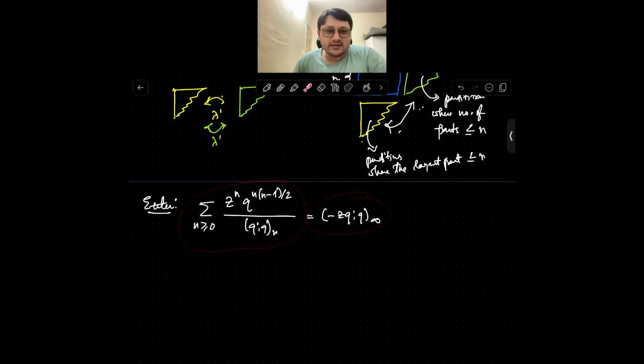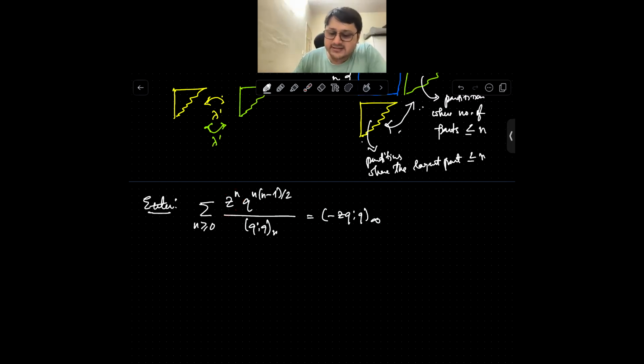How to understand that? You see that this z to the n is keeping track of the number of parts. So basically what it is saying is that you have n distinct parts in the partition.